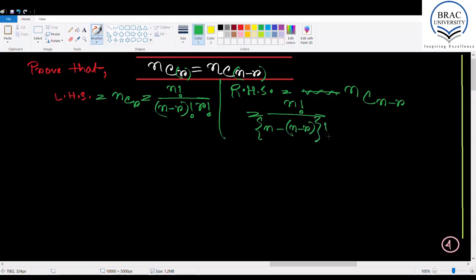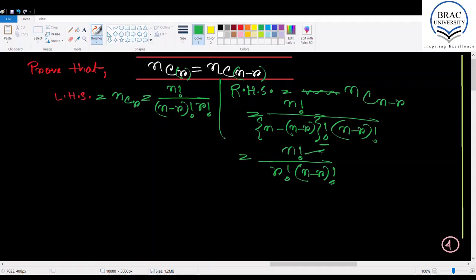Be careful about the factorial sign: n minus r factorial, this is outside the bracket, right? Then this is equal to n factorial over r factorial and (n minus r) factorial. So we can see that the numerator is equal, and the denominator is also the same. So this is equal to the left hand side of the statement. So we proved it, right? Yes, nCr equals nC(n minus r).